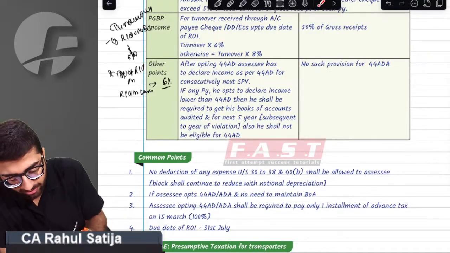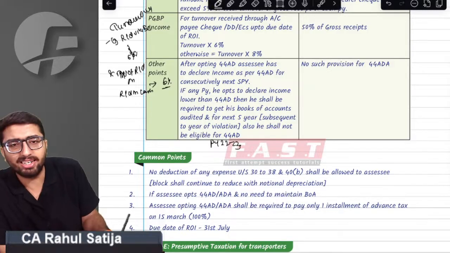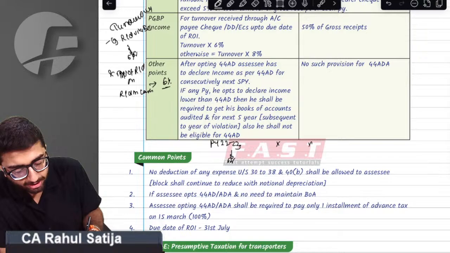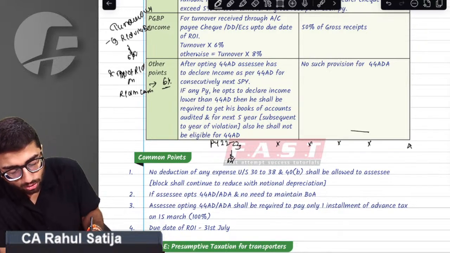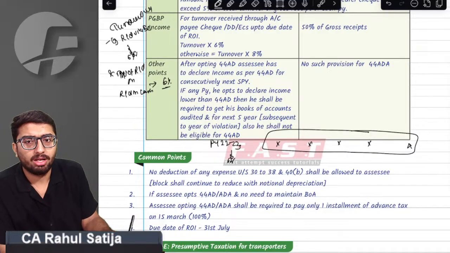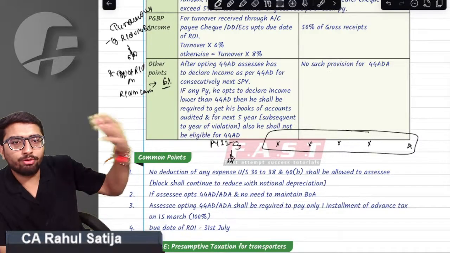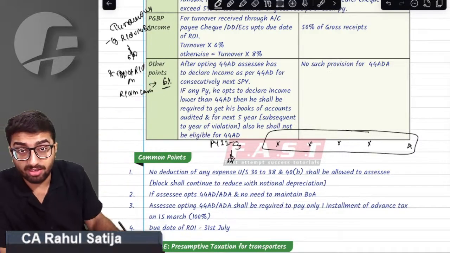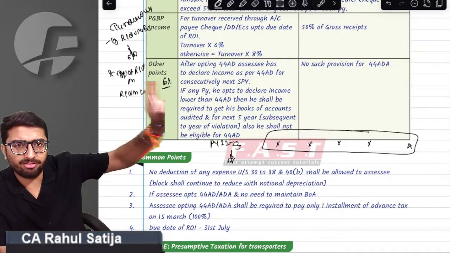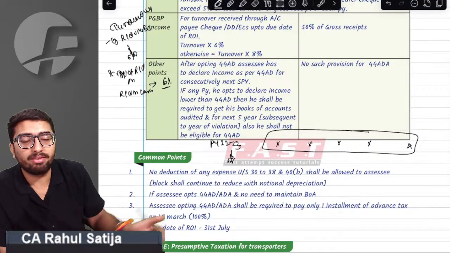Sir, for example, during previous year 2022-23, I decided to opt for presumptive taxation. So I have to opt for it for the next consecutive 5 years also. If for once I thought of entering into 44AD, I have to opt for it for the next 5 years. I don't have a choice. If it is being revoked, I am not eligible, that is a different matter altogether. But I am required to follow 44AD for the next 5 years also.